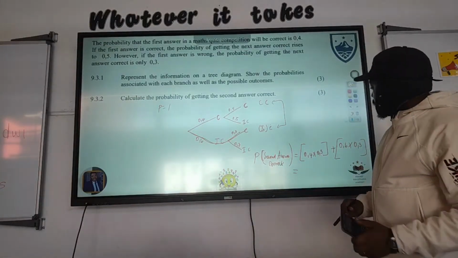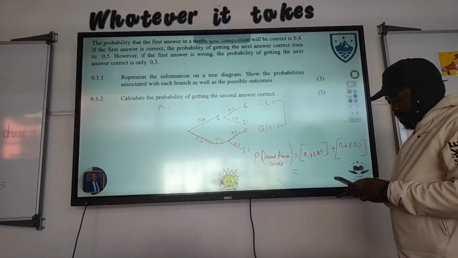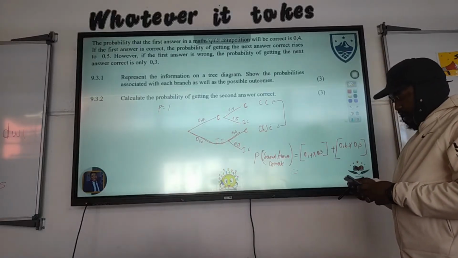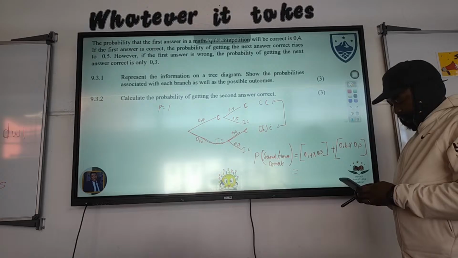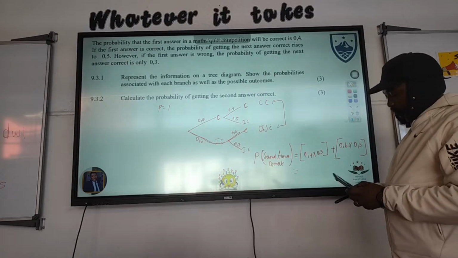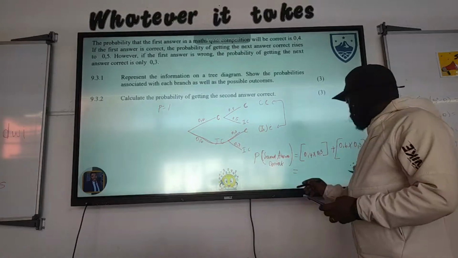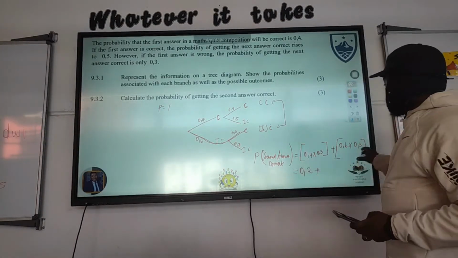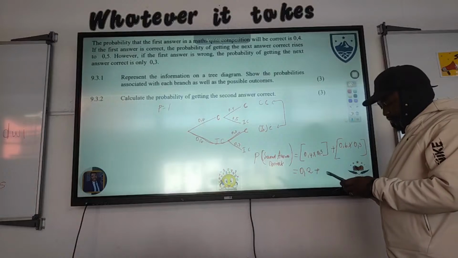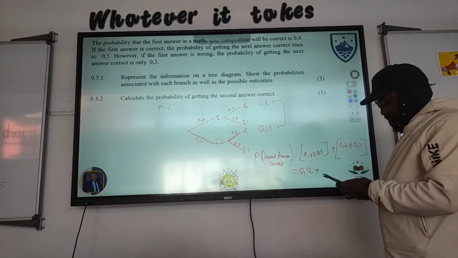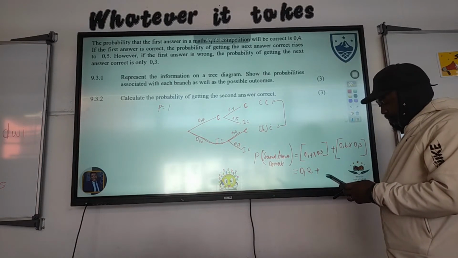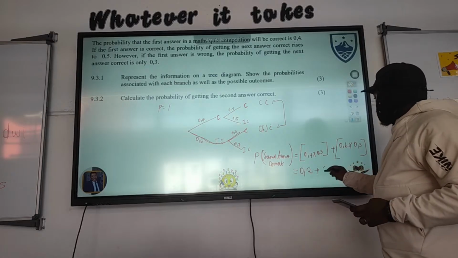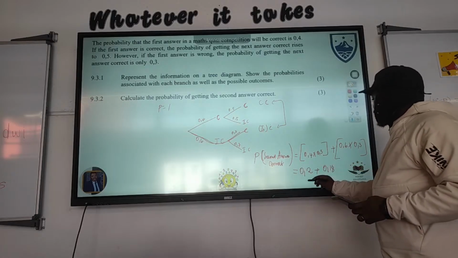So we'll use a calculator and say we have 0.4 multiplied by 0.5. This will give us 0.2. Then 0.6 multiplied by 0.3 will give us 0.18.